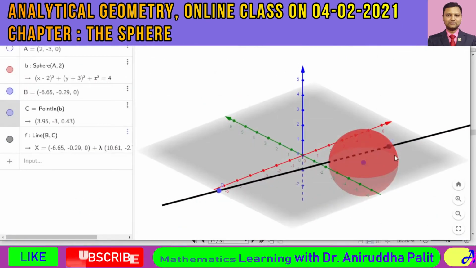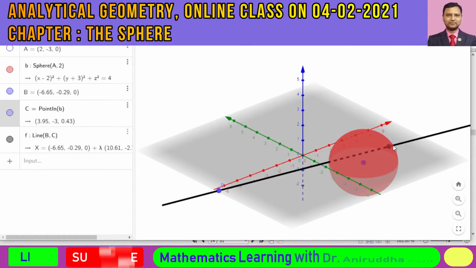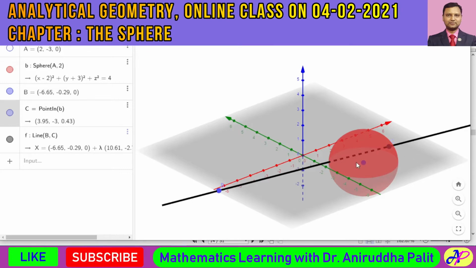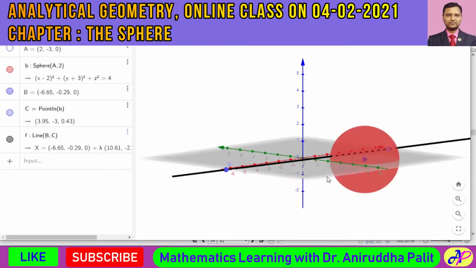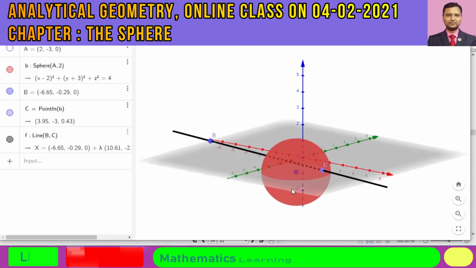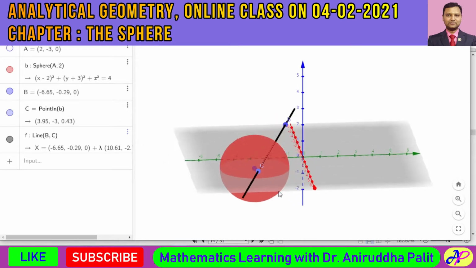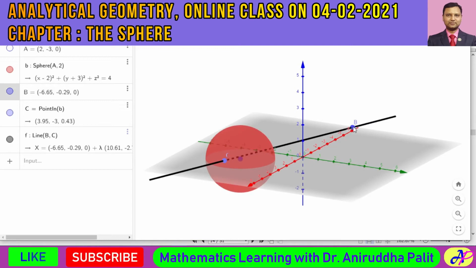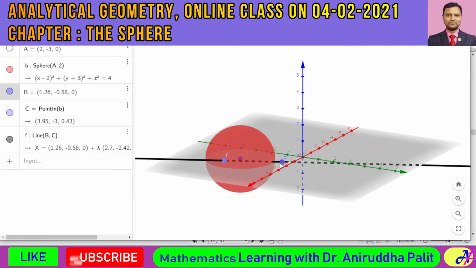And the idea will be clear from this picture. You see over here, this is a sphere, and this is the equation of a straight line. And one can observe that in this straight line, there are at most 2 points of intersection over here.